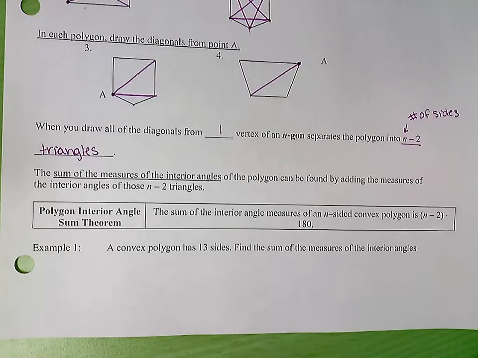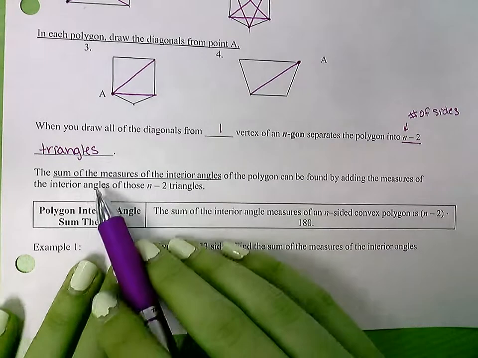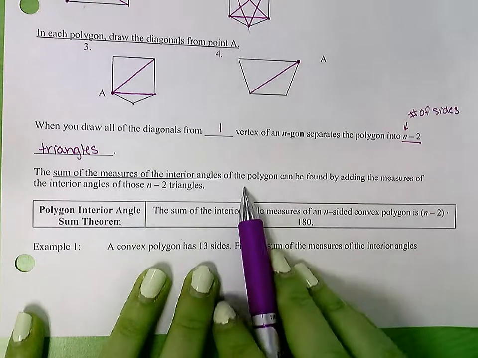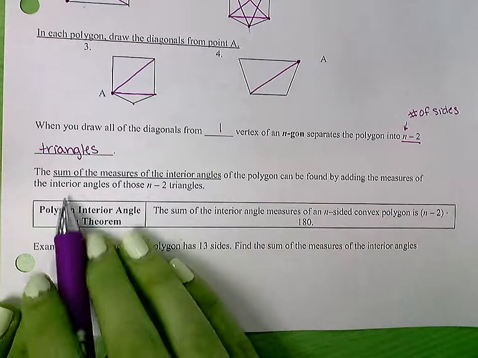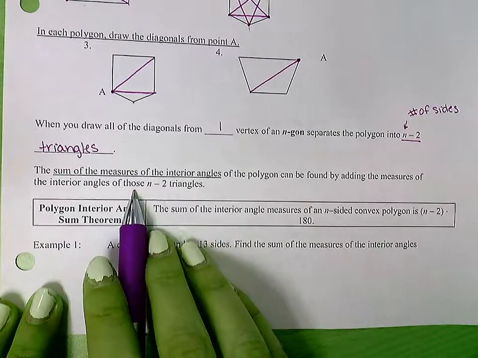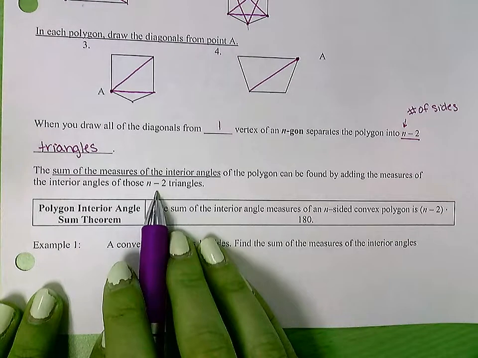So that helps us find the sum of the measures of the interior angles within a polygon. The sum of the measures of the interior angles of the polygon can be found by adding the measures of the interior angles of those n minus 2 triangles.